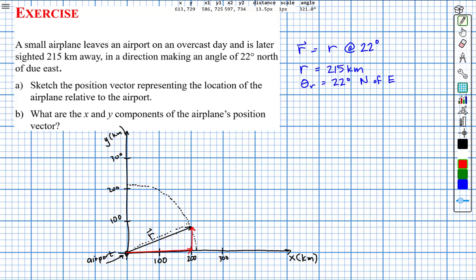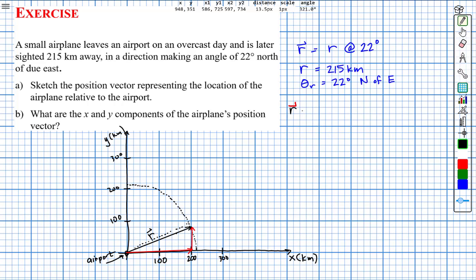So if I were to look at this roughly, I'd probably say that the x component of vector r is 200 kilometers, and the y component of vector r is roughly, that looks to be about 80 kilometers. So I am going to just write that to the side. I'm going to use this later as a reality check for my actual algebra.